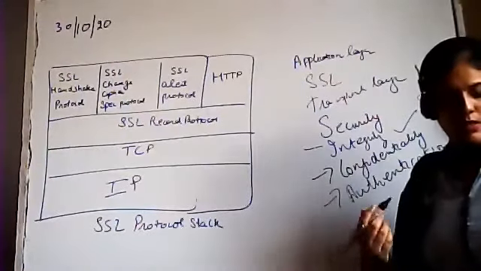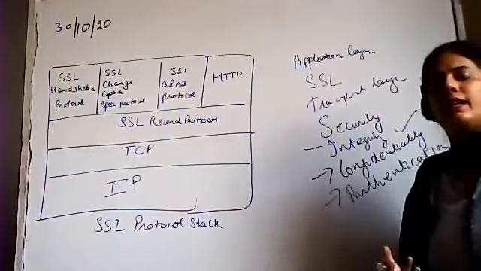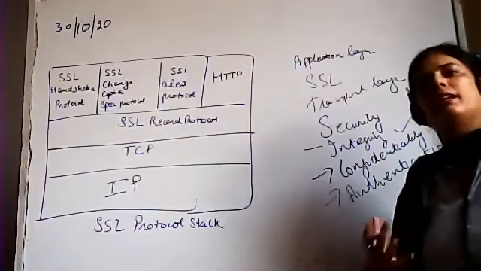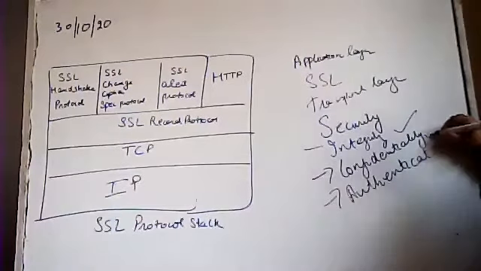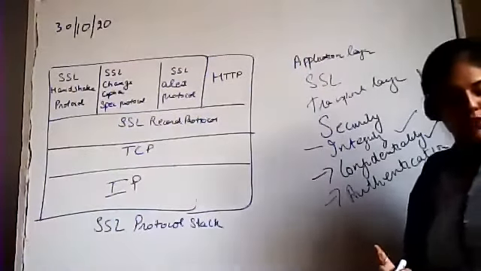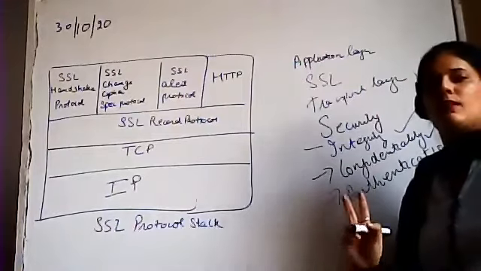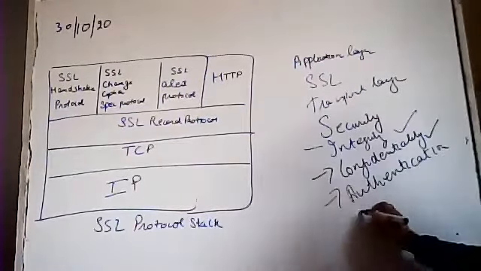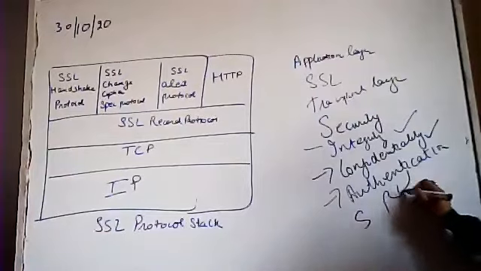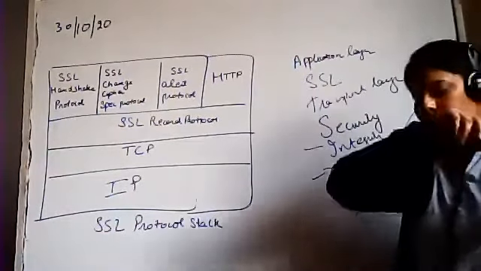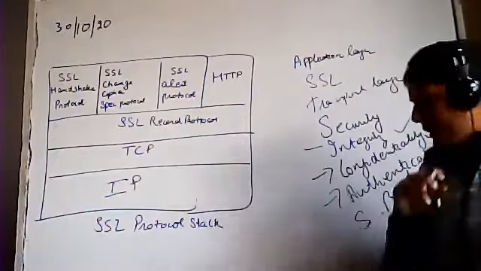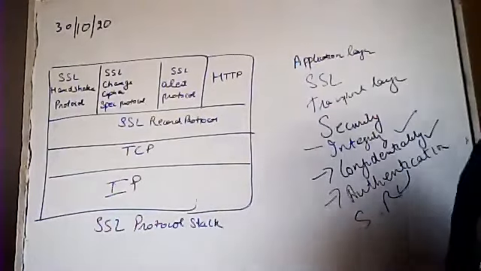There is no chance that an intruder can enter that communication channel and get your data. Authentication is that the two entities must be authentic, that is the sender and the receiver, both parties should be authentic. The sender should be the right one and the receiver should be the right one. In that case you are using this authentication part.